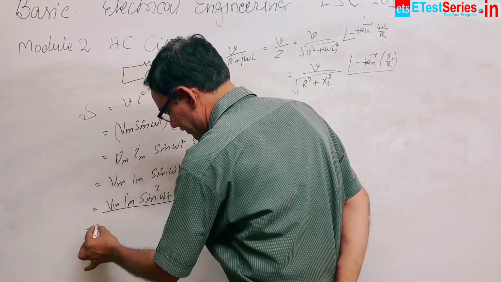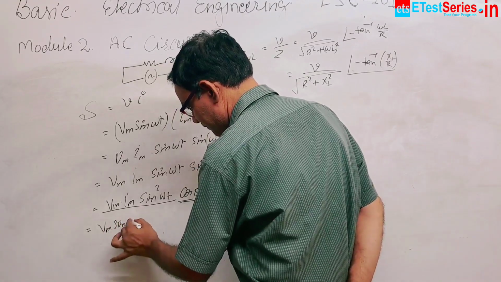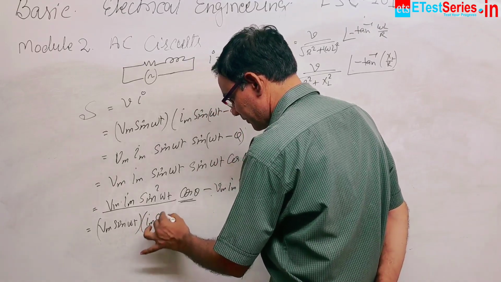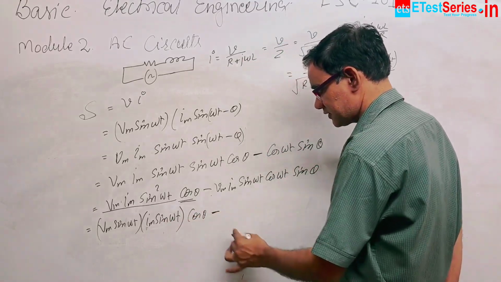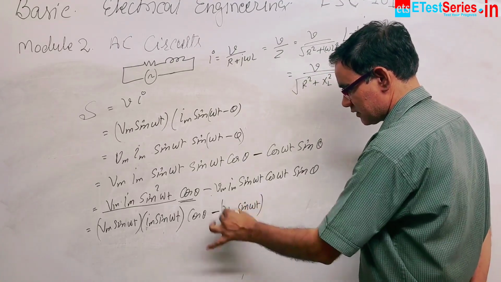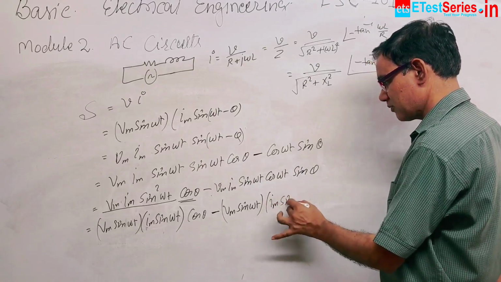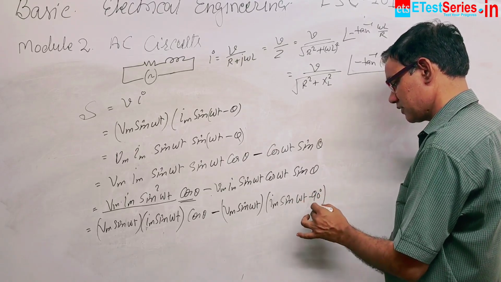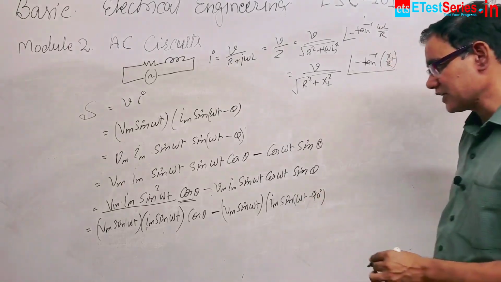This can be further written as Vm sin of omega t, Im sin of omega t cos theta, minus Vm sin of omega t, Im sin of omega t minus 90 degree, since cos omega t is sin of omega t minus 90 degree.